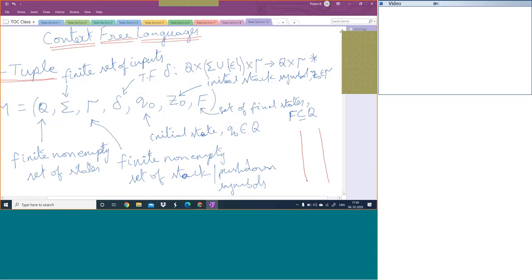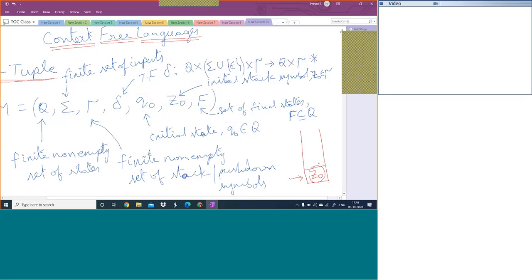Whenever the PDA starts, there will be only one symbol in the stack. That symbol is nothing but Z naught. This Z naught we call the initial stack symbol.